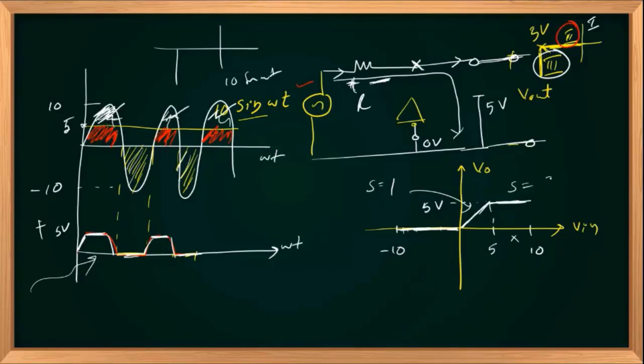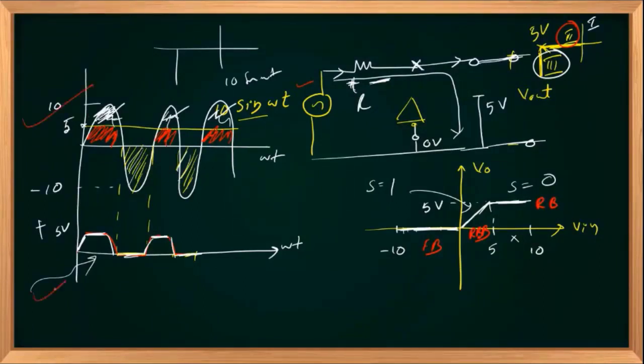Here slope will be 0. So your Zener diode will be operating in forward biased mode here, reverse before breakdown here, reverse and breakdown mode in the third portion of your transfer characteristics.